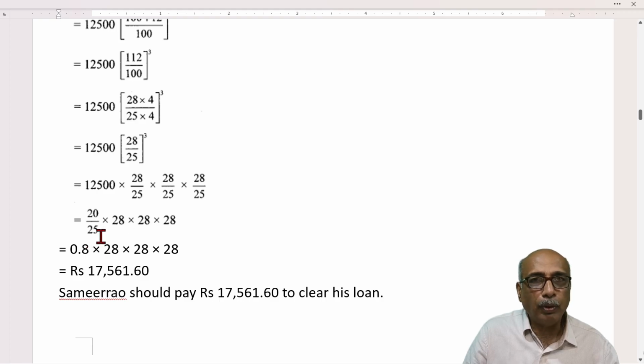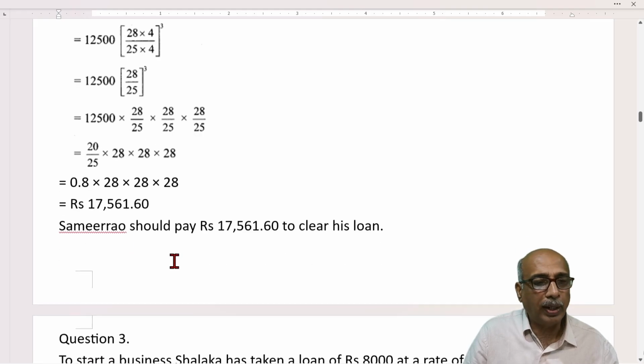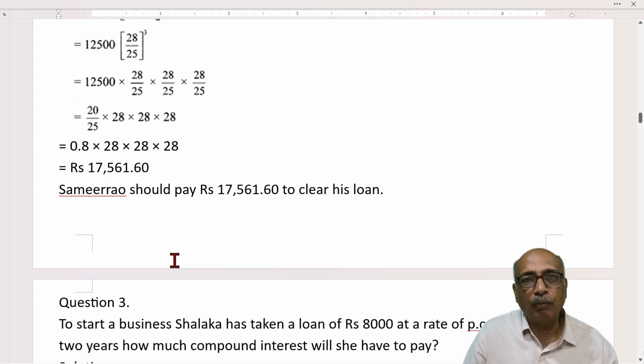So 20 upon 25 is 0.8 multiplied by 28 cube. When you simplify this, you will get rupees 17,561.60. Answer, don't forget to write in words. Samir Rao should pay rupees 17,561.60 to clear his loan. Don't forget to write the unit also, rupees.